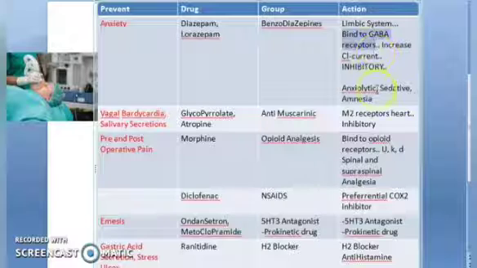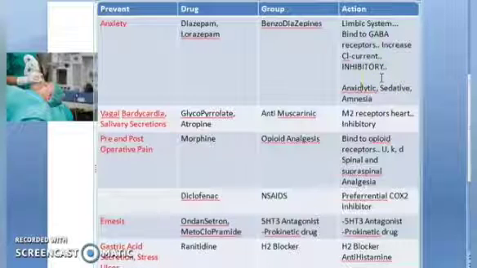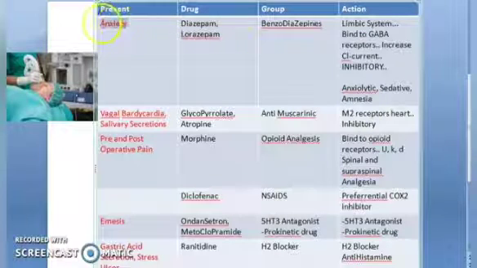They bind to the GABA receptors, which are inhibitory. So there will be fewer signals, hence there will be less anxiety. You understood? Very good. We'll give diazepam and lorazepam as anti-anxiety.